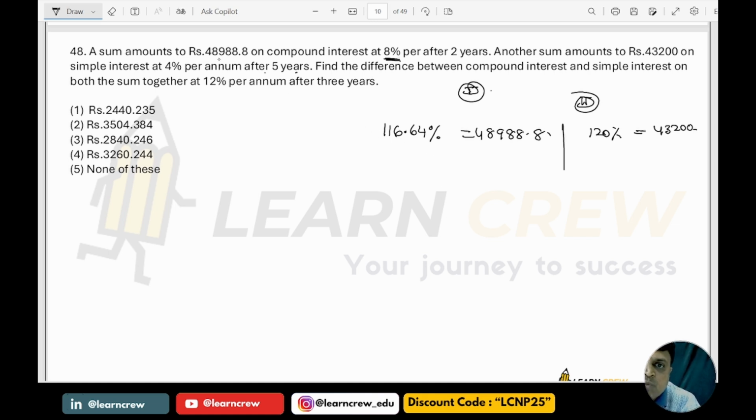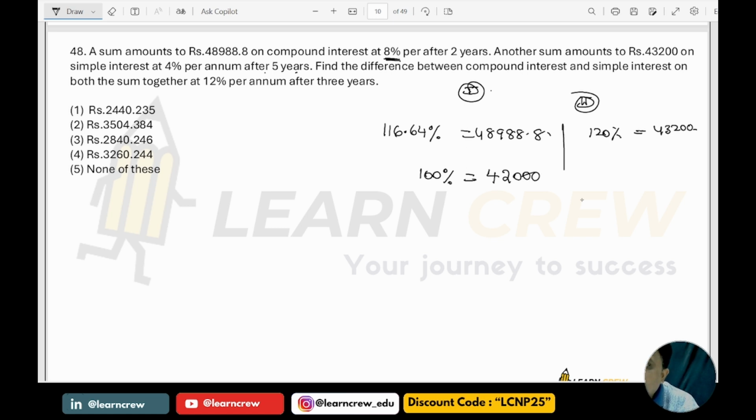A sum amounts to 48,988.8. So here what would be 100%? 116.64 times how much gives 48,988.8? You get 42,000.